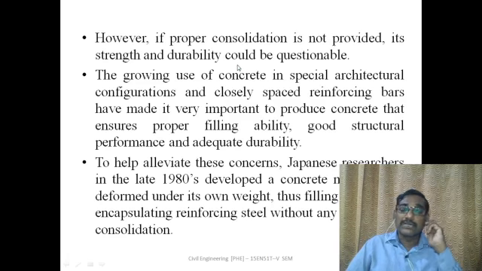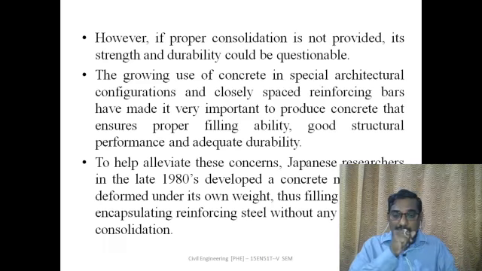If the consolidation is made minimum, the strength of concrete will be affected. In architectural and other important works, self compaction concrete is used.